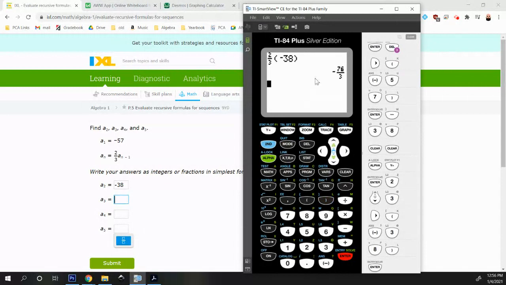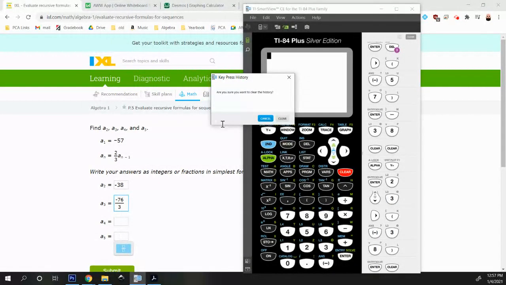It's a horrible fraction, but you've got this little fraction button here, so -76 over 3. And then we just keep going like that. I'm not going to finish it, not going to submit it, because I think I've messed up enough for now. For some reason the calculator hates me today.